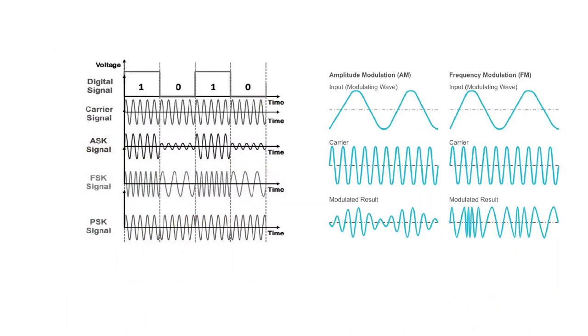we'll do a quick refresher about radio frequency modulation techniques, because our device is using one of these techniques, in particular ASK modulation, which stands for amplitude shift keying. We'll see about that.